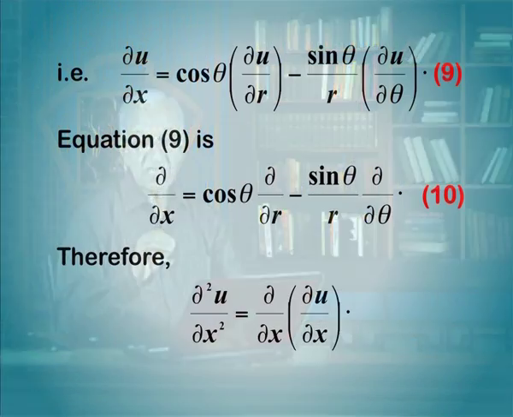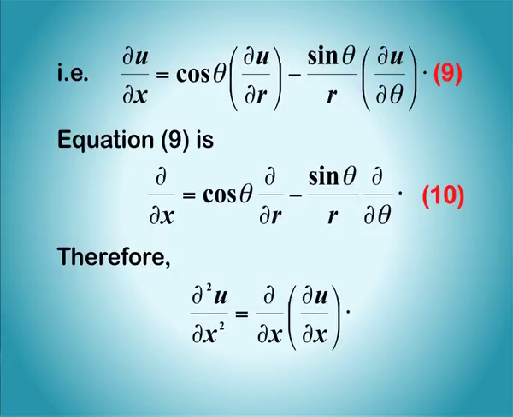Then dr dx is also obtained, we put cos theta, getting this beautiful result. So, du dx is simplified. You get cos theta multiplied by du dr minus sin theta upon r du d theta, which is equation 9.